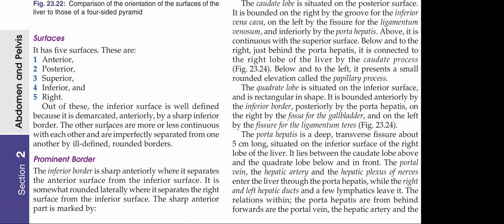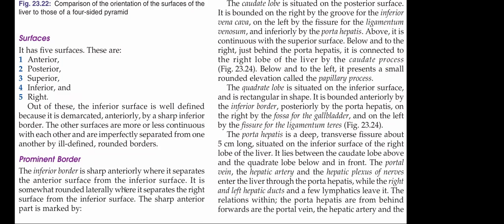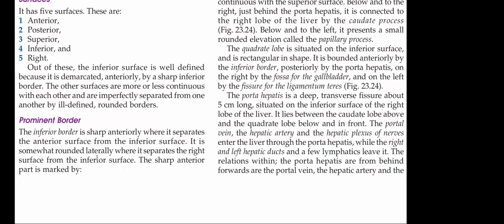The other surfaces are more or less continuous with each other and are imperfectly separated from one another by ill-defined rounded borders.